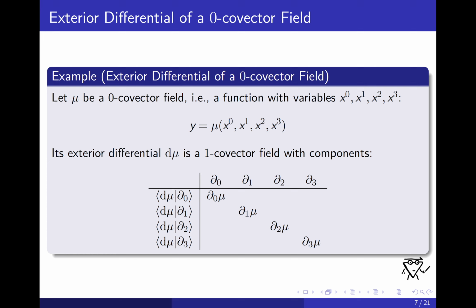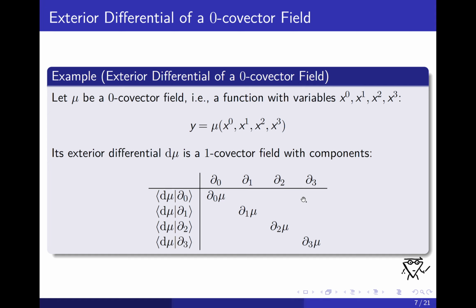For example, if mu is a zero covector field, i.e., it is just a smooth function with variables x0, x1, x2, and x3, the exterior differential d mu is a one covector field with the following components.